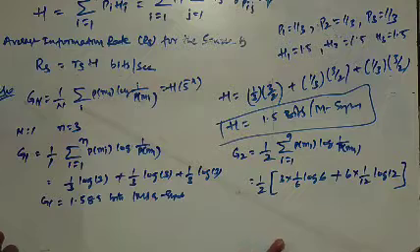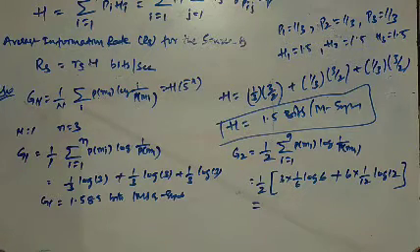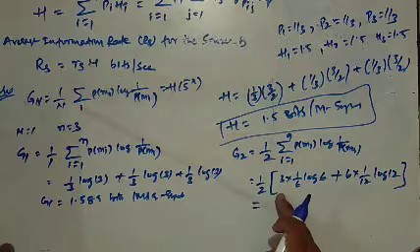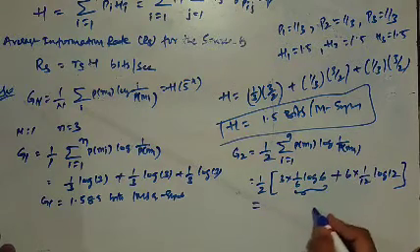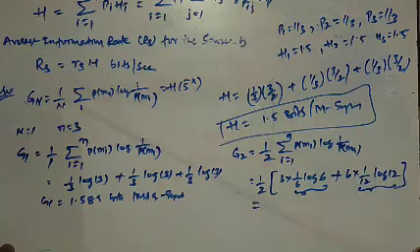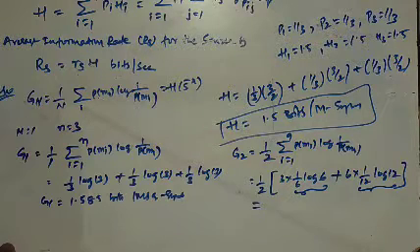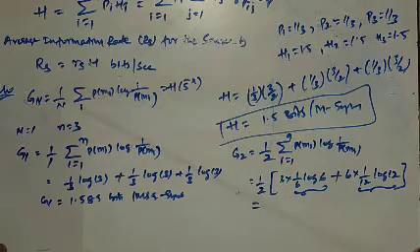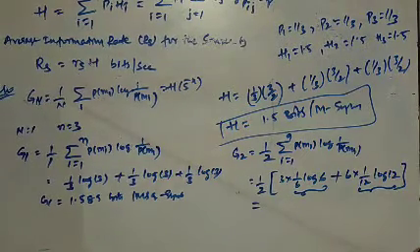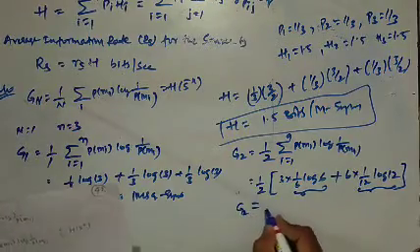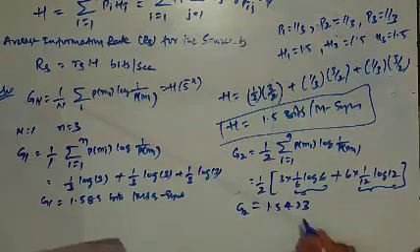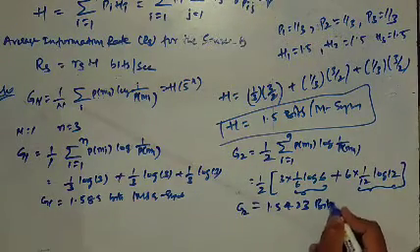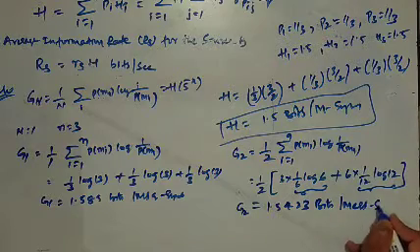Totally 9 elements. Solving this, we get G2 equal to 1.5423 bits per message symbol.